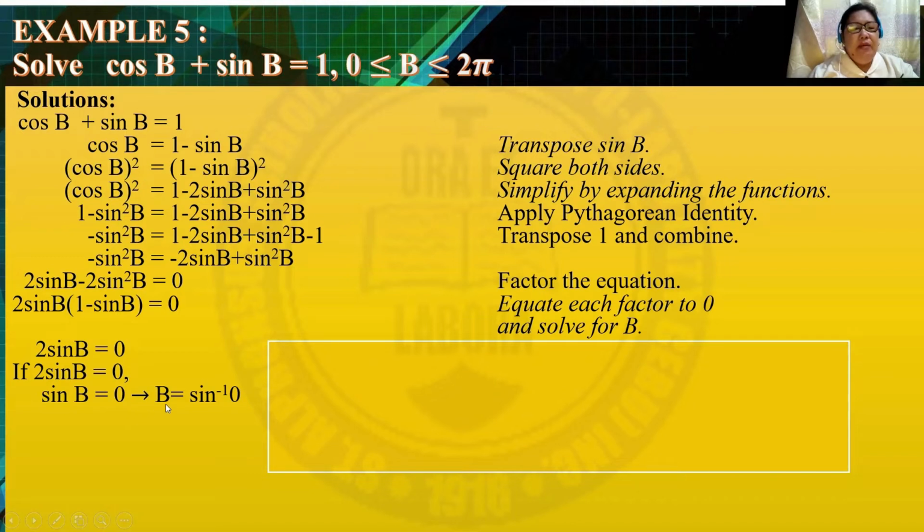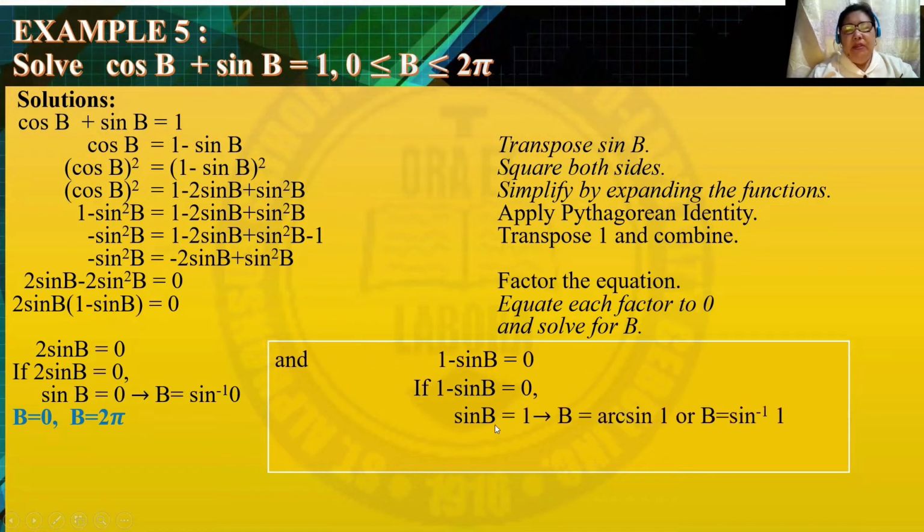And to find the value of angle B, use the inverse trigonometric function. So sine to the negative 1 of 0. So B is equal to 0, or you can have B is equal to 2 pi. And for the second factor, 1 minus sine B, equate it to 0. So we have 1 minus sine B equals 0. So transpose 1, sine b is equal to 1.